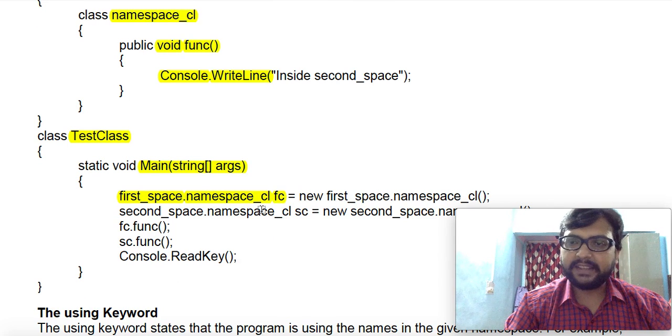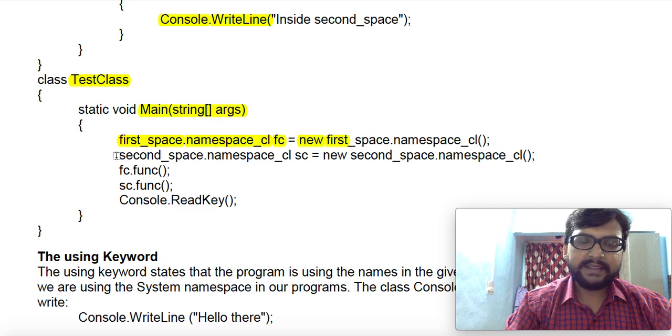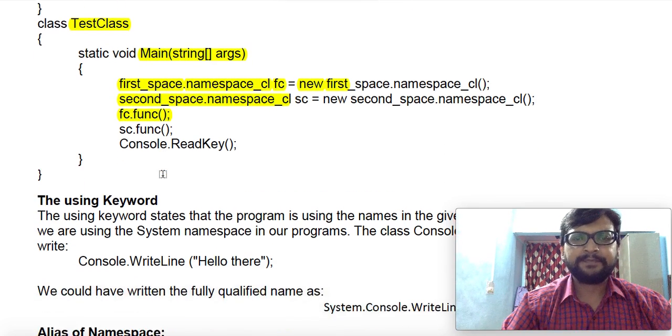So this is how we basically declare objects in C sharp. Then the new keyword basically helps to assign memory for this particular object. Then in the same way, namespace, name of the namespace, and under that the class name, and finally brackets open and close. In the same way we have created an object for the second class, and with the help of this object we can call the functions which are present in those particular classes. I hope this particular point is clear.